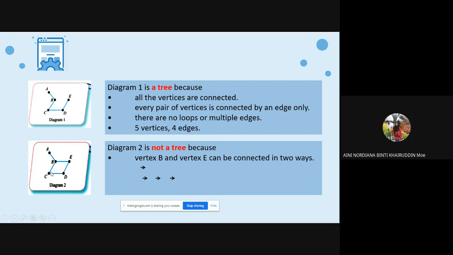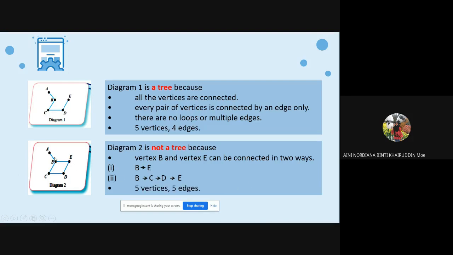Satu B to C. Satu B to E. Tak boleh. So bila ada dua connected untuk satu vertex, tu dah bukan tree dah. Okay. Macam ni lah B to E and B to C to D to E. Ada dua cara nak pergi E ni.